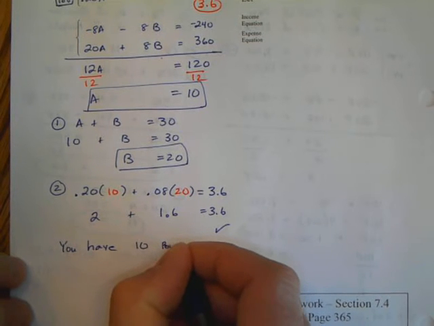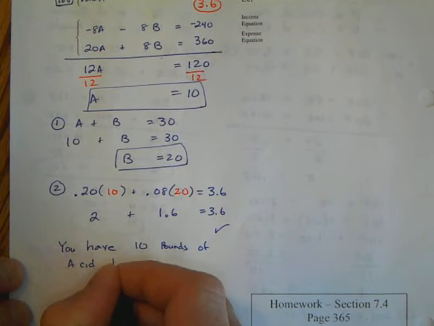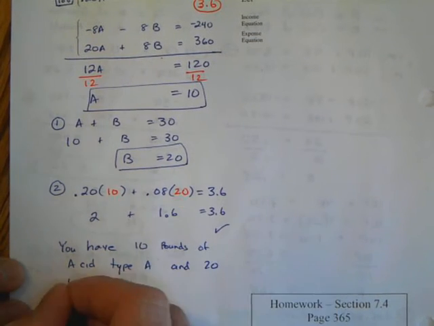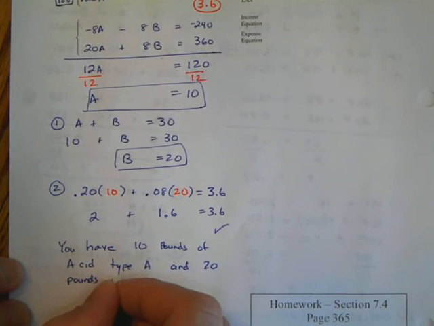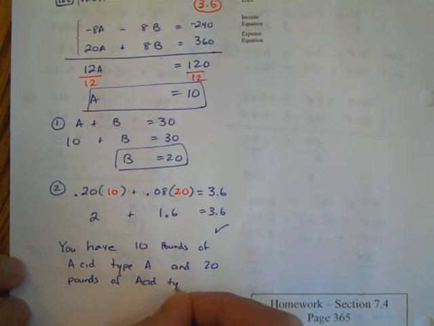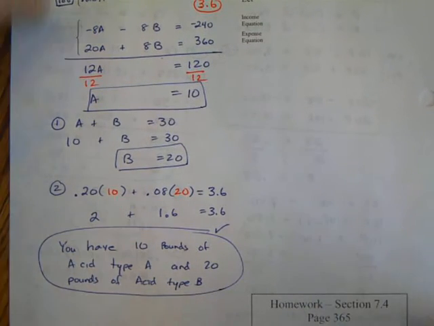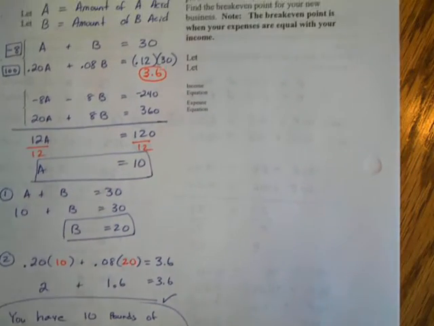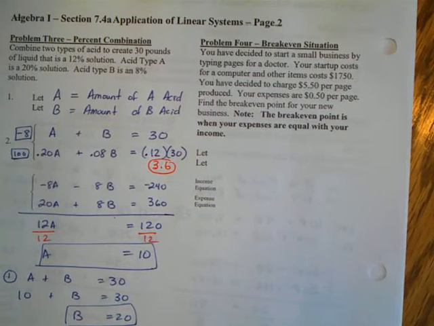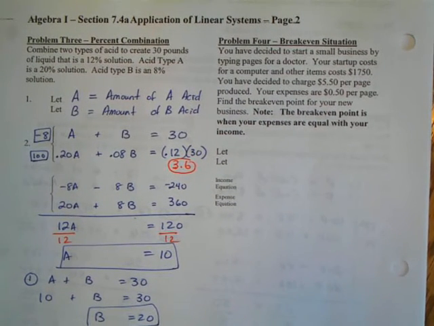And those do add up, and so my answer is, you have 10 pounds of acid type A and 20 pounds of acid type B. Make sure you always answer your problem using a complete sentence.